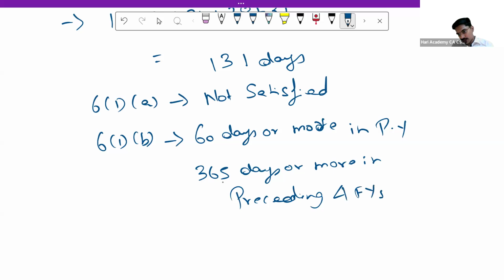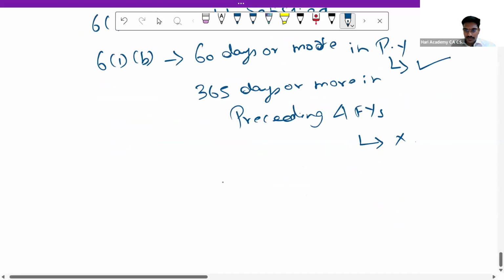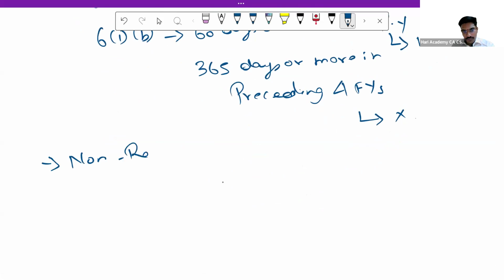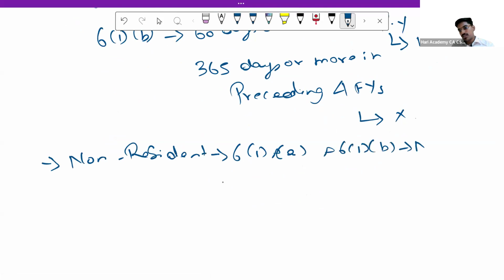In this case, 60 days or more in the previous financial year is satisfied, but 365 days or more in the preceding 4 financial years is not satisfied. So he is a non-resident, since both 6.1a and 6.1b are not satisfied.